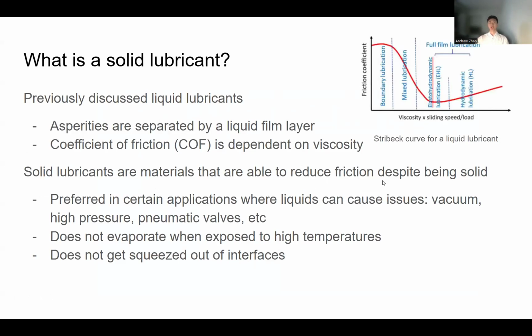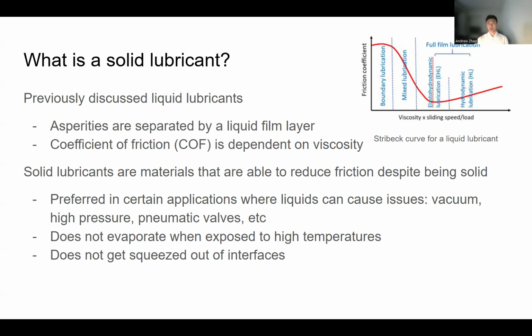During my last tutorial, I previously discussed liquid lubricants, which are primarily used in order to reduce the coefficient of friction between two surfaces. Usually, we use liquid lubricants to make machine parts flow faster against each other. What happens is that the asperities are separated by this liquid film layer, and the coefficient of friction is dependent on the viscosity.